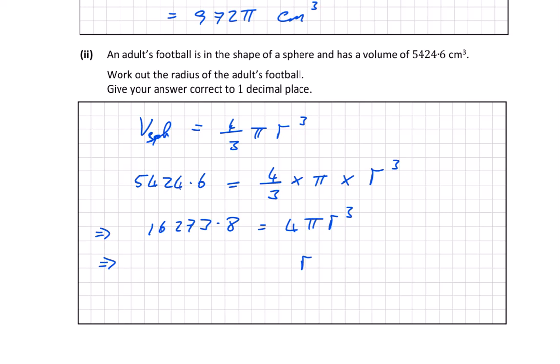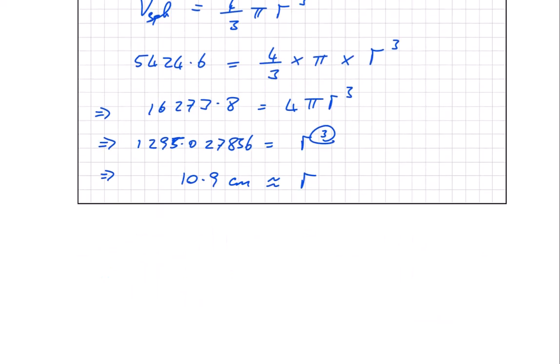So if you divide both sides by 4 pi, you'll just end up with r cubed on the right hand side, and then on the left hand side you'll end up with 1295.027856. So what you've got to do now is get the cube root of both sides, to get rid of that 3 there. We want this to 1 decimal place, so get the cube root of the left hand side and you'll get 10.9. This is a radius, so it's in centimeters.